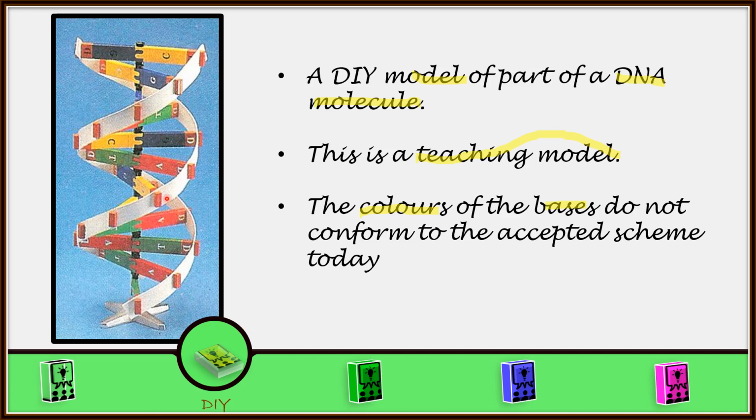As you see, it goes on coiling around. On the sides here, we have the phosphates with the sugar molecule forming the strand outside, and then we have the bases connecting in the middle. Cytosine connecting with guanine, thymine connecting with adenine. So that's how they connect.